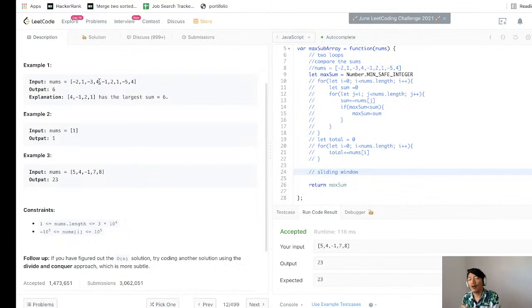Initially, they might have a difference of one, and then based on some condition, we will expand the window by moving right, and we will contract the window by moving the left.